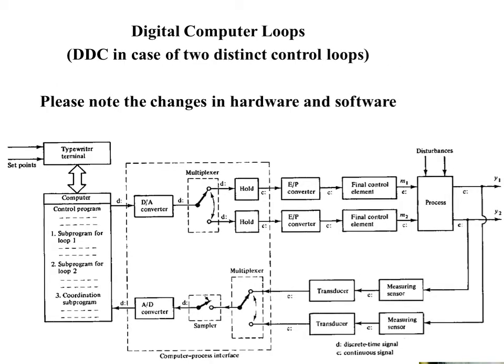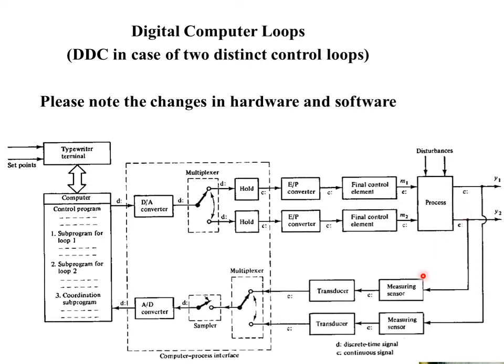As you can see over here, we have two distinct control loops, and since these are two distinct control loops, we have to make some changes in the hardware. The process has two final control elements. It is taking two feedbacks, and these are two distinct processes.